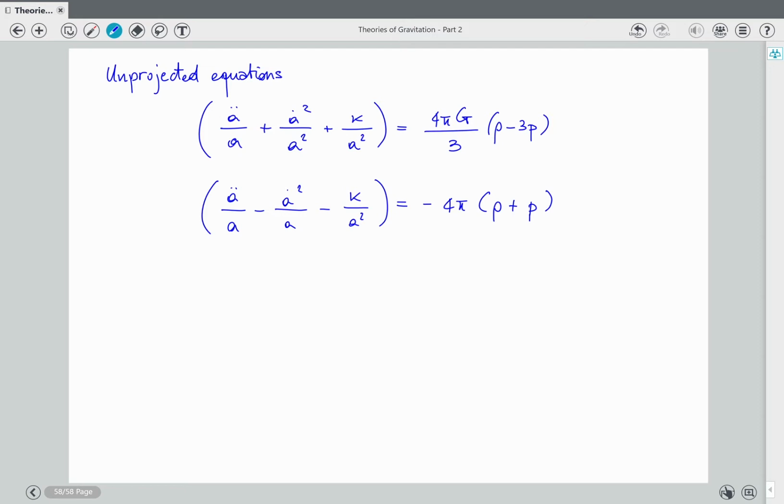What is G? The Planck mass is 1 divided by the square root of the Newton constant, and that is equal to 8 pi zeta divided by kappa.